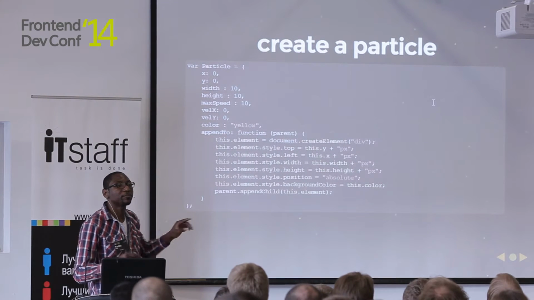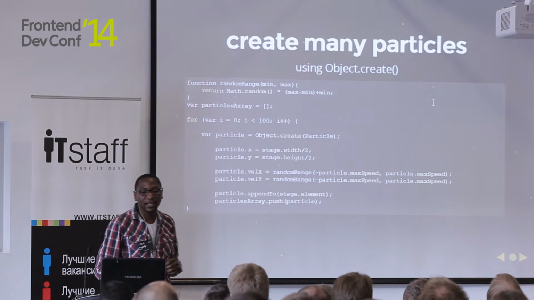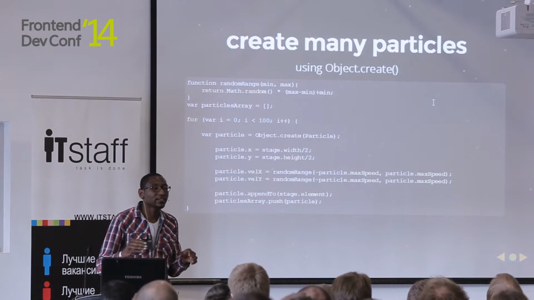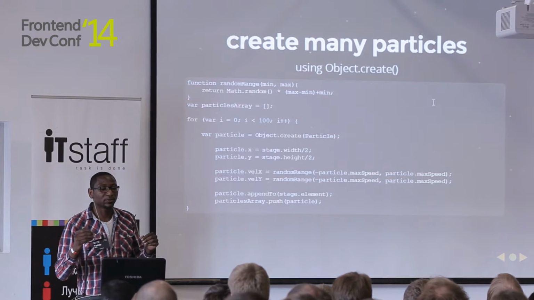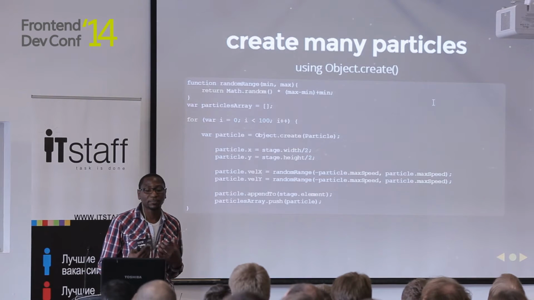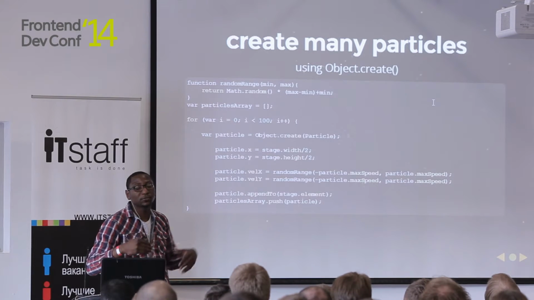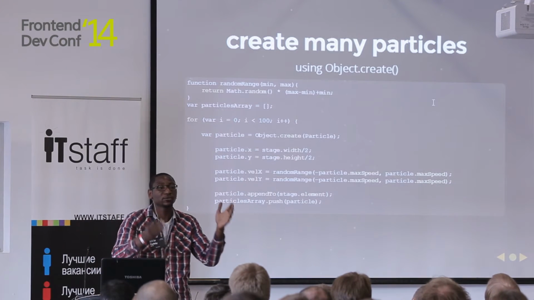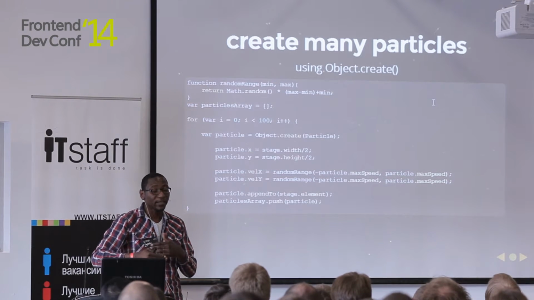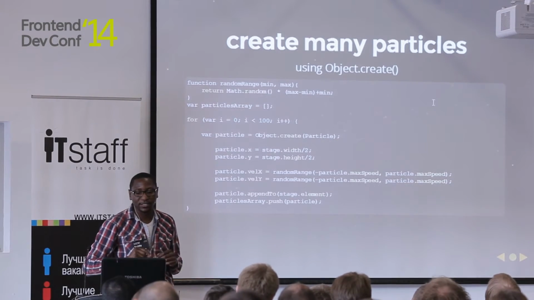This way I put a P in capital letter, it will act as a class, and with Object.create, we will duplicate an instance of the particle to create a new one, and this particle, we will put it in the center of our particle system, so it will be the stage width divided by 2, so it's the center on the x-axis, and stage height divided by 2 for the y-axis, so we have the particle in the center.